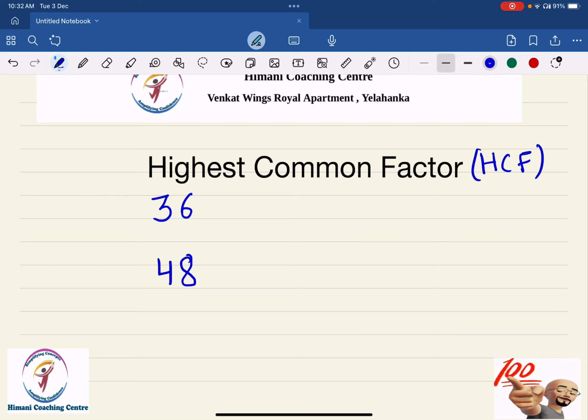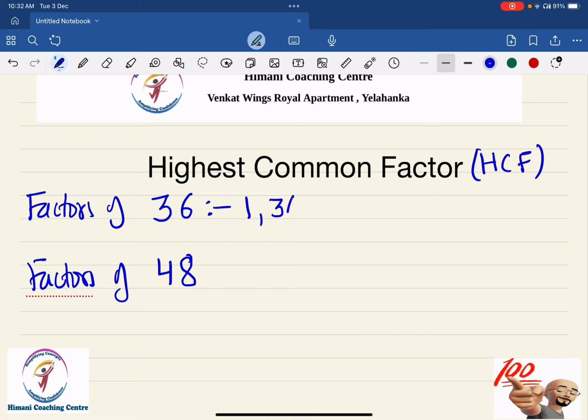So now kids, let us look at the factors of 36. I have to find factors of 36 and factors of 48. As we said, 1 is a factor of all numbers and the number itself is a factor. So 1 and 36 done. Now 6 is an even number, that means 36 is divisible by 2.